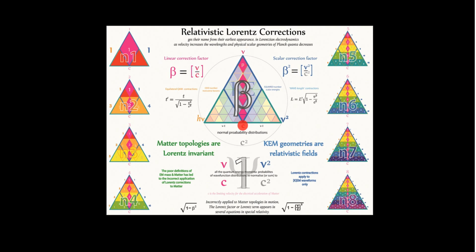What's the velocity out of C? How far can we go? The scalar Lorentz correction, V squared on C squared, is this one, relating the energy per second to the motion.